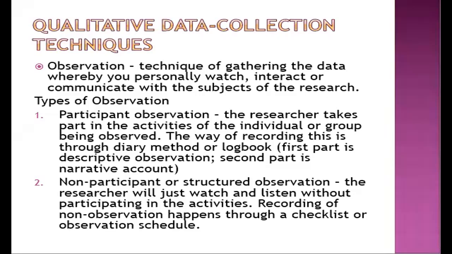For the types of observation in qualitative data collection, we have two, the participant observation and the non-participant or structured observation. In the participant observation, the researcher will also do the activities or will take part in the activities of the participants or the respondents.